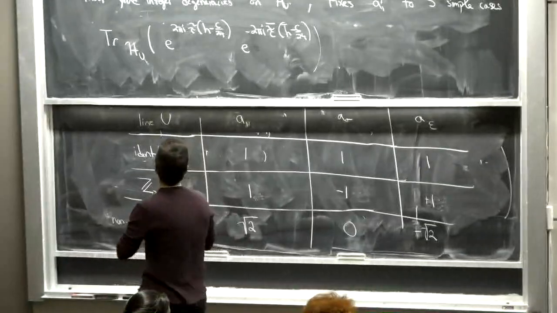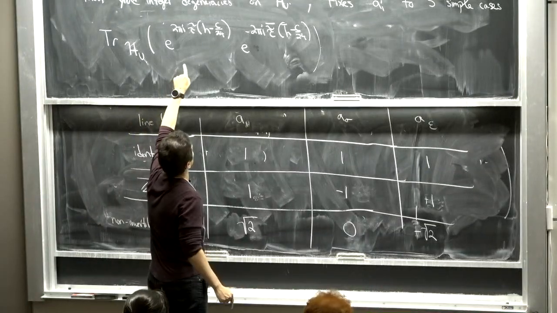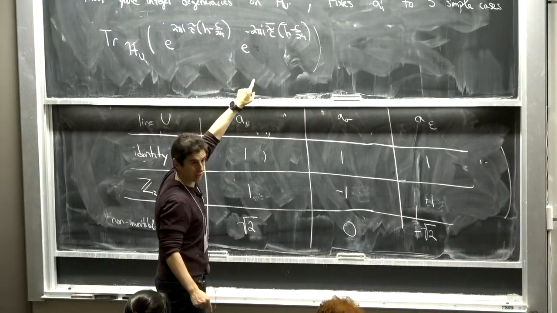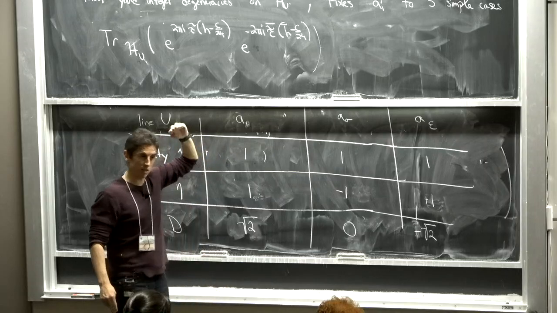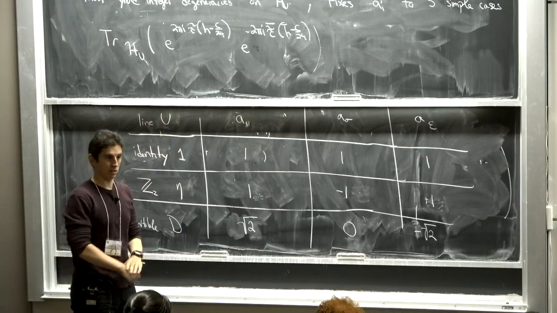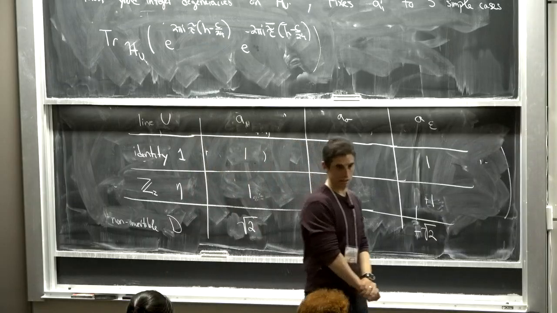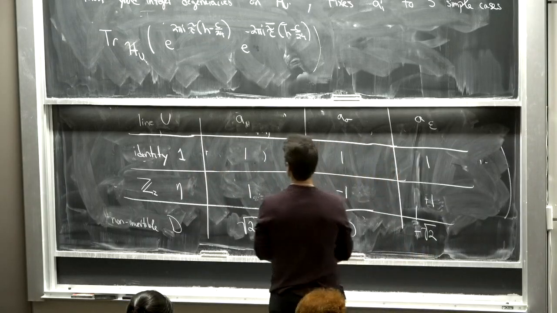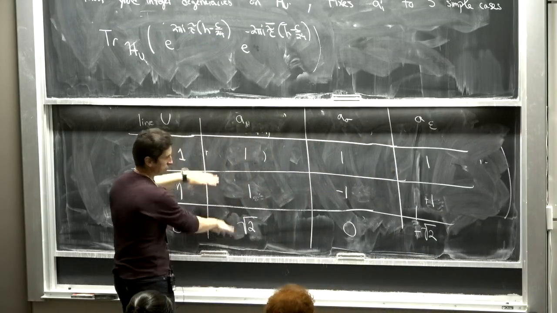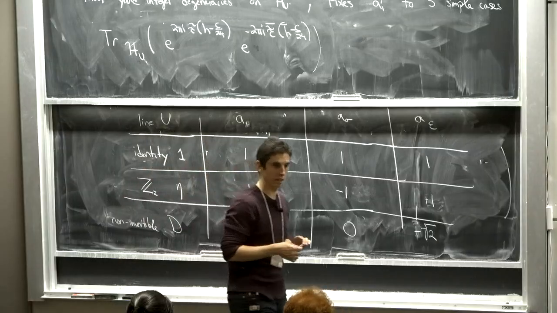Then I do a modular transformation, and I demand that the AI are such that when I expand in tau and tau tilde bar, I get integer degeneracies at each energy level. That is an extremely strong constraint on the AIs. It fixes them to be sums with positive integer coefficients of these three possibilities.